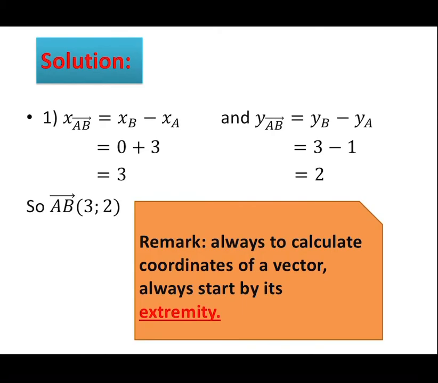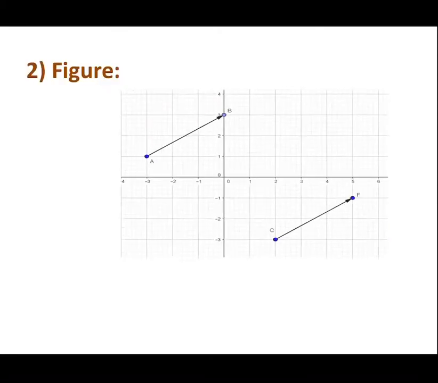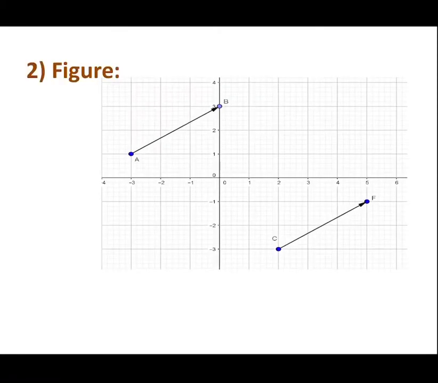Now, second part, the figure. Point A (-3, 2), point B (0, 3), point C (2, -3). And point F. How can I draw point F?